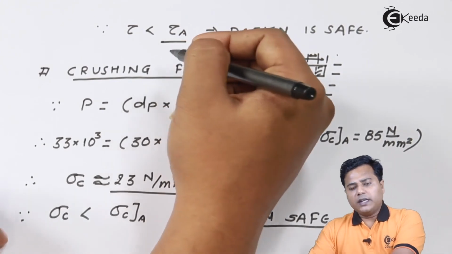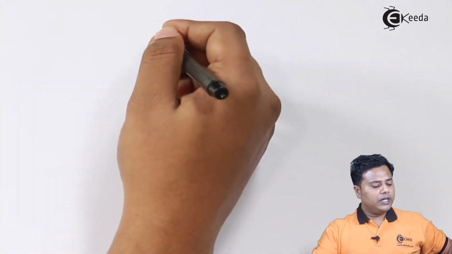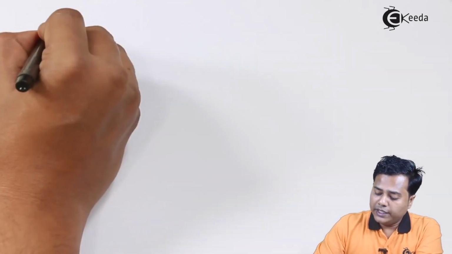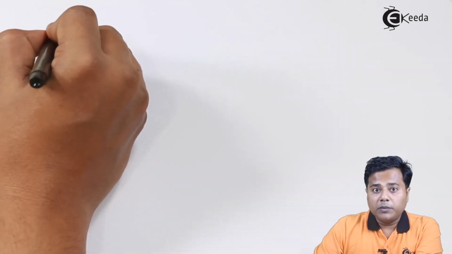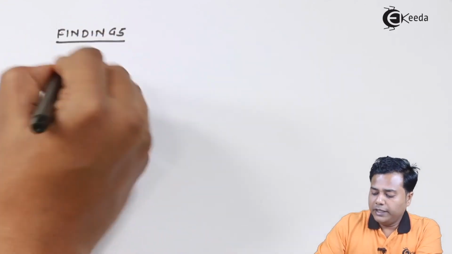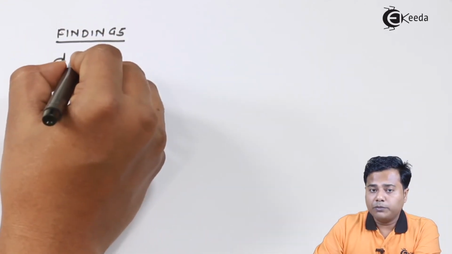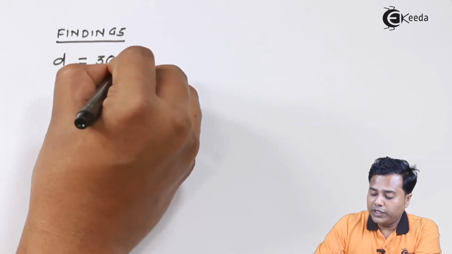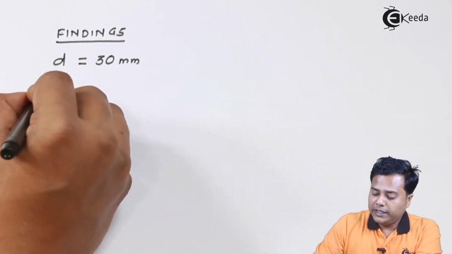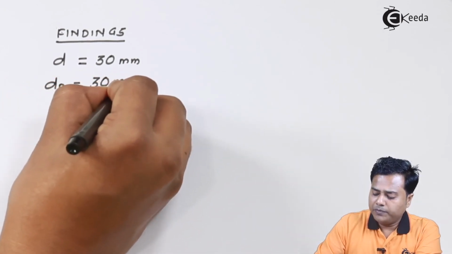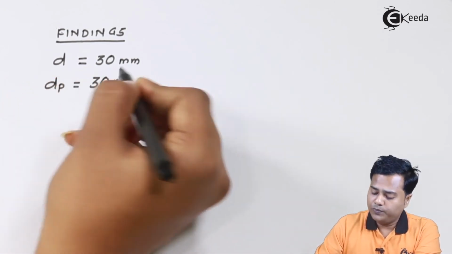So what we had started with, I'll quickly revise. This is the end of the problem. What we had started with was the summary or the findings of this particular problem. The very first important finding is the diameter of rod, which we found out was 30 mm. The diameter of pin, which was again 30 mm, can take the higher value also.